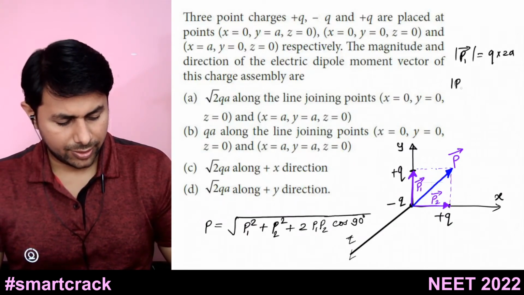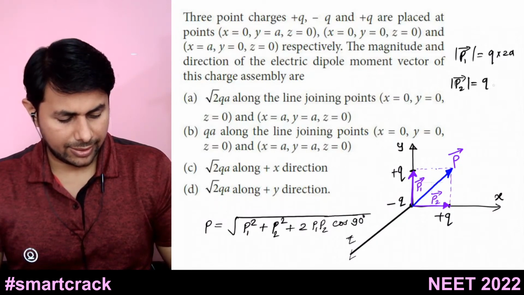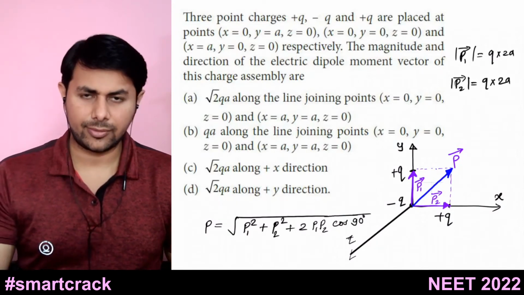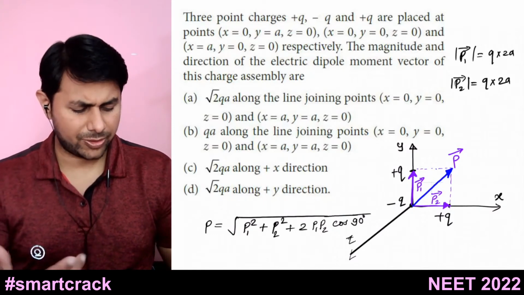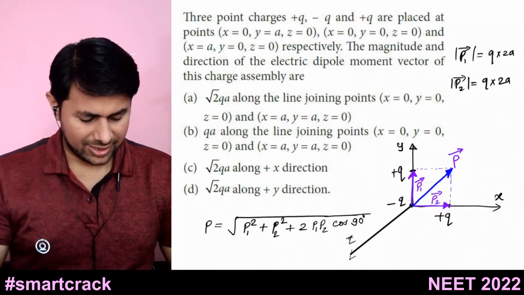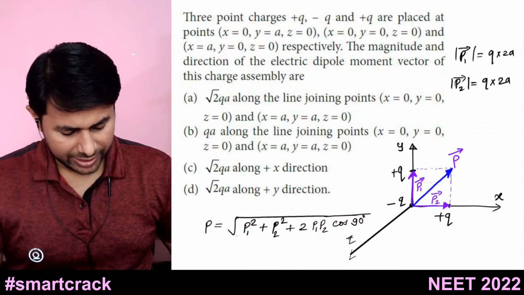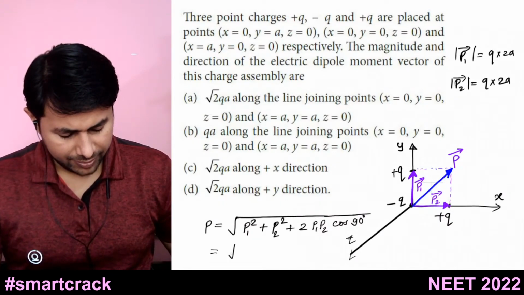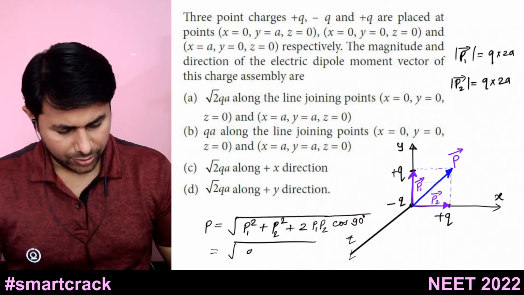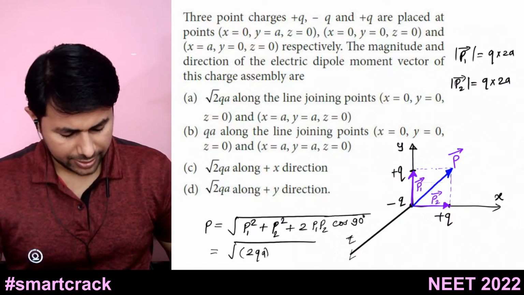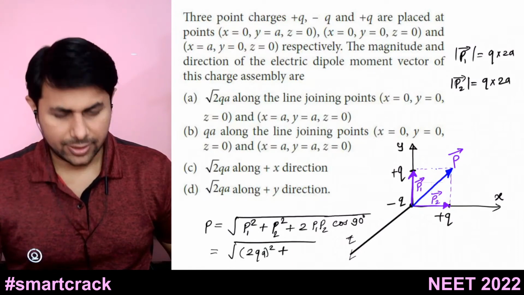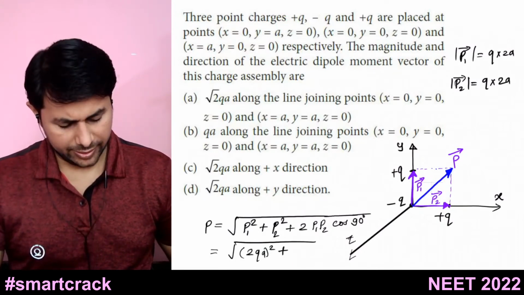Magnitude of P2 is also q times 2a. Let's substitute that. So if we substitute that, we get 2qa square plus 2qa square. Can you see this?